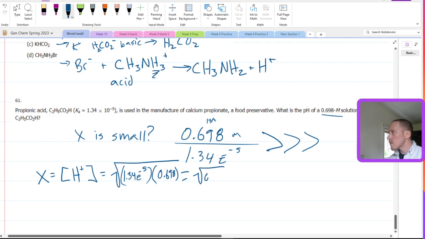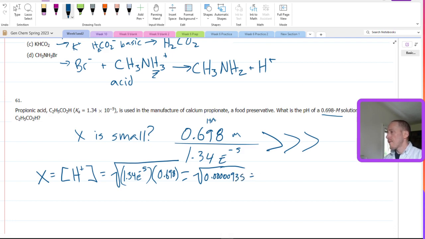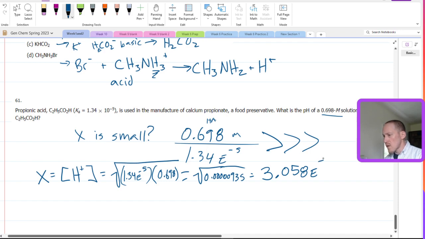That equals the square root of 0.12319, something like that, which equals 3.058 times 10 to the minus third, our concentration of hydronium.